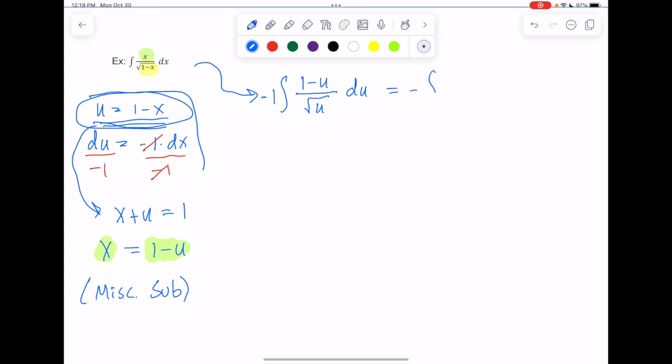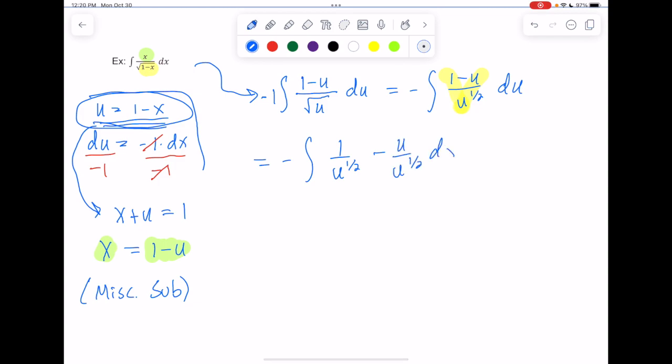So we have that negative out front. We have 1 minus u over u to the 1/2 if I rewrite that square root using fractional exponents. And then what I can do here, since we don't have a quotient rule, is I can split this up, make each one of those its own fraction. So this becomes the negative of 1 over u to the 1/2 minus u over u to the 1/2.